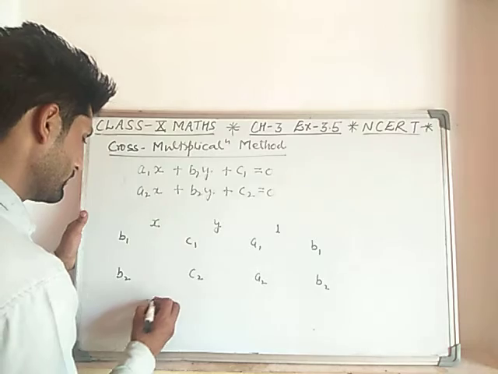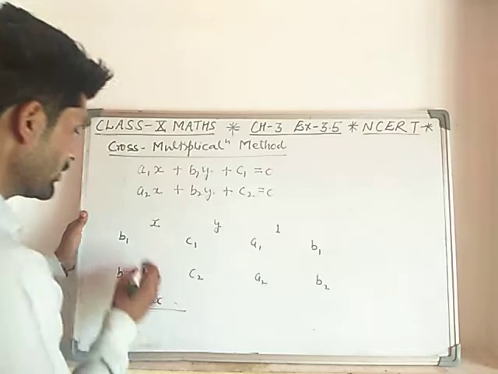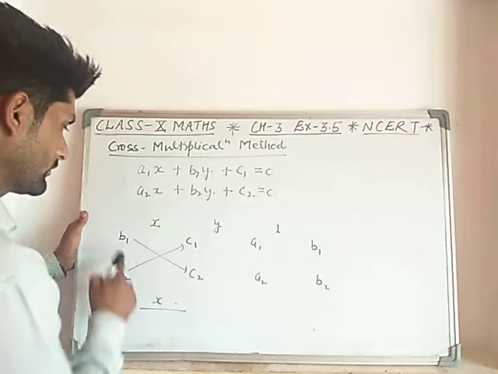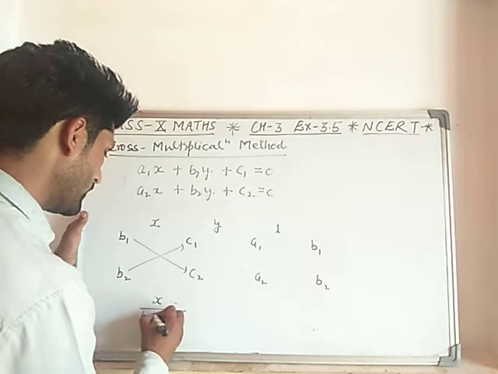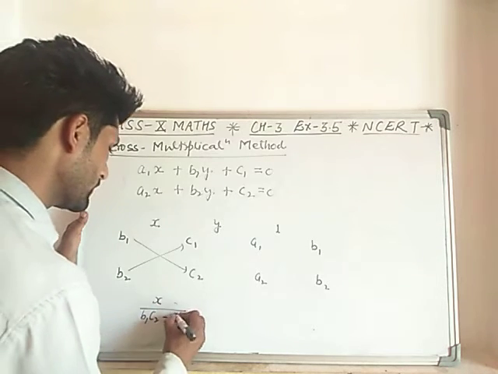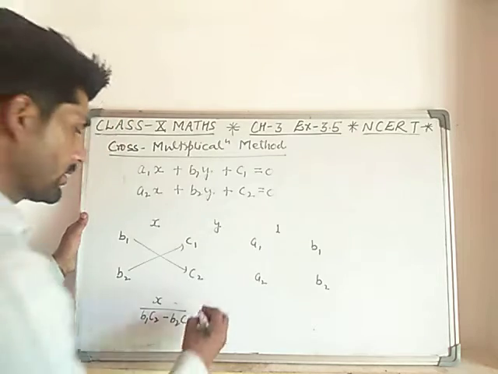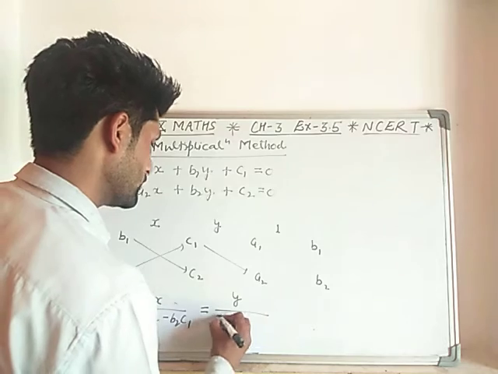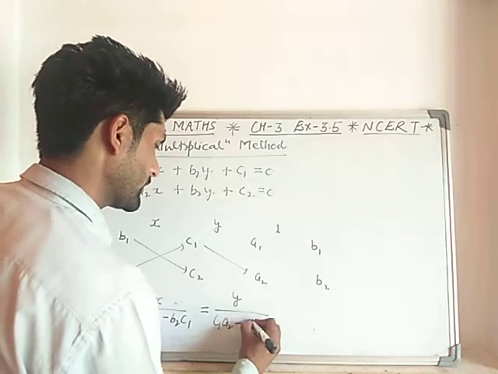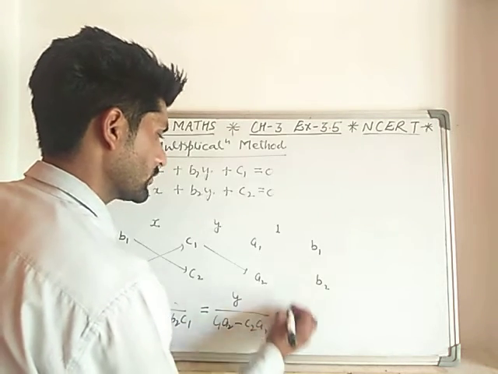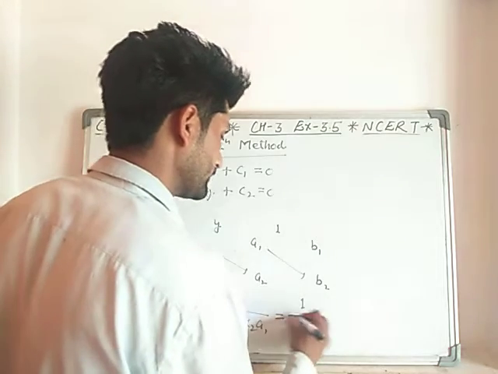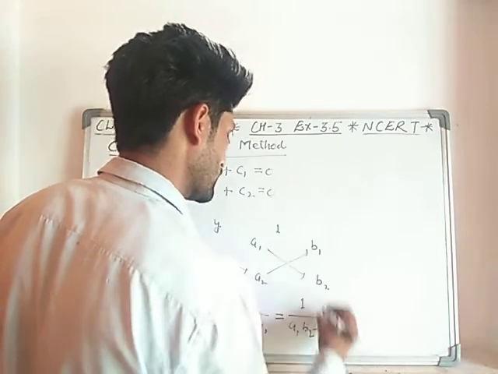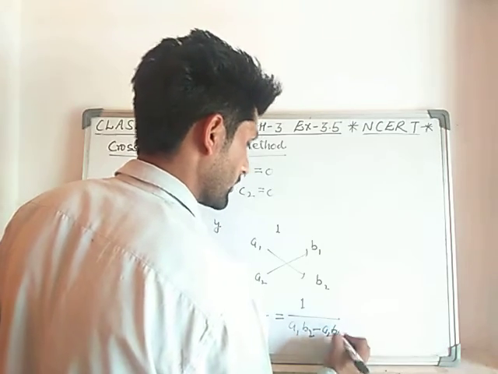And now from here you will write x upon this minus this into this, b1 c2 minus b2 c1. Okay, and similarly y upon c1 a2 minus c2 a1 is equal to 1 upon a1 b2 minus a2 b1.